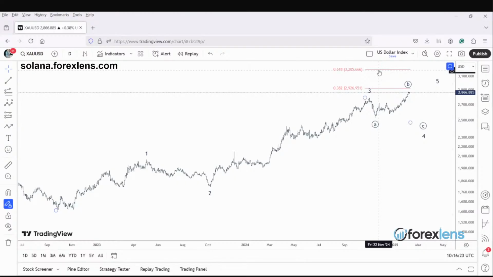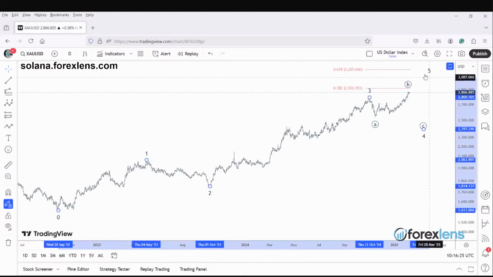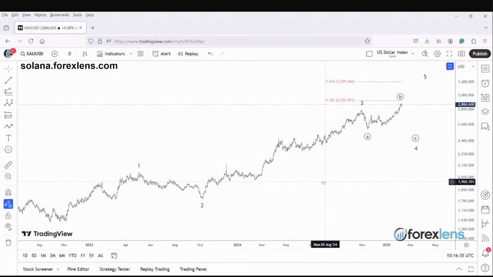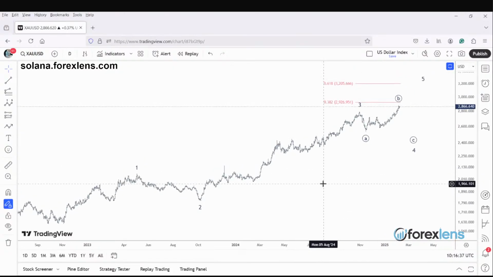All right, 3200 is exactly somewhere around where the fifth wave would actually go and terminate. All right, sir. So this is what is expected. 1, 2, 3, expanded flat wave 4. This expanded flat wave 4, we are somewhere here, near the termination point of wave B, minute degree.